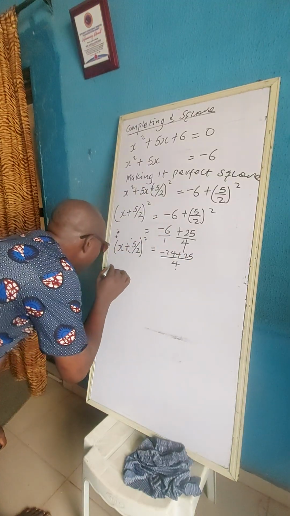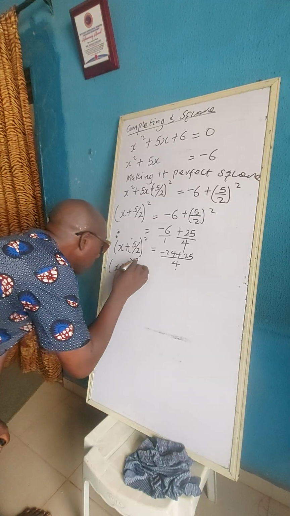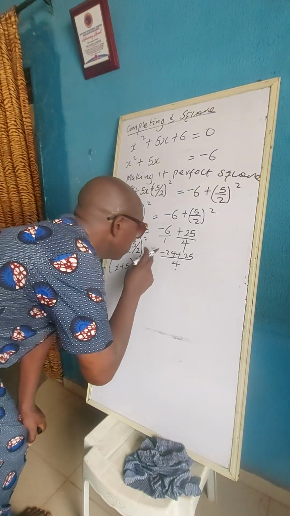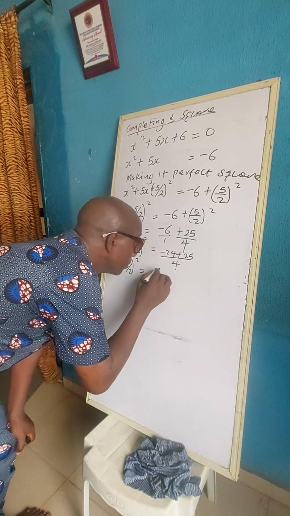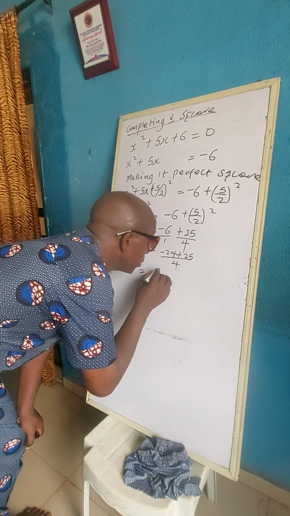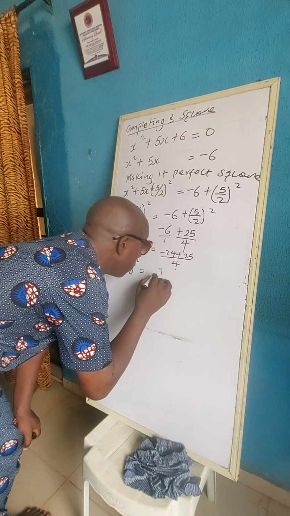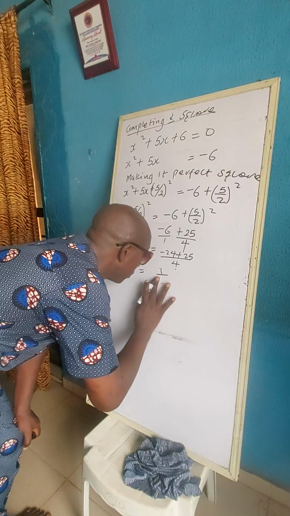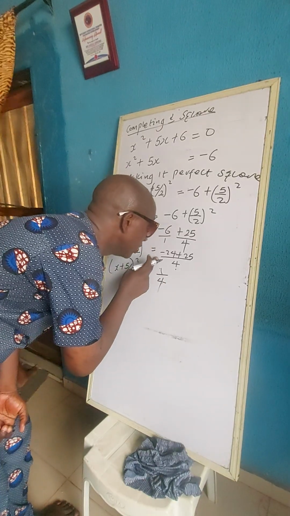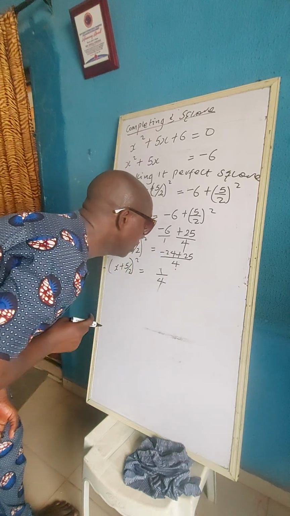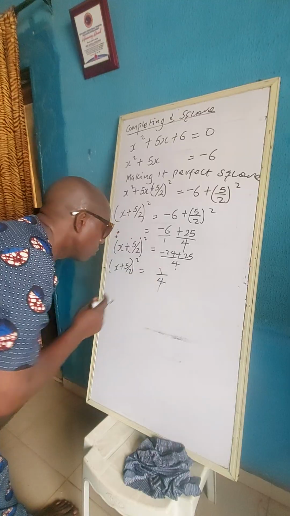It becomes x plus 5 over 2 all squared equal to, it becomes 1 over 4, minus 24 plus 25 gives you plus 1 over 4.